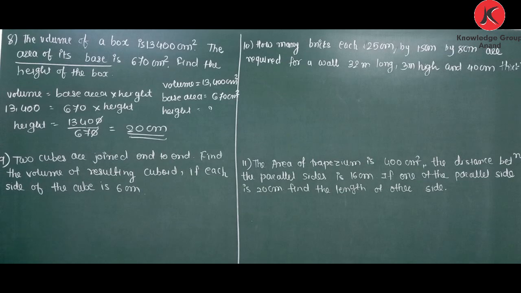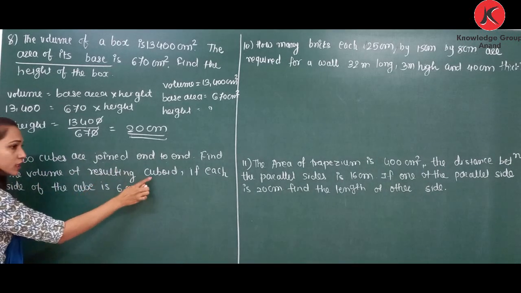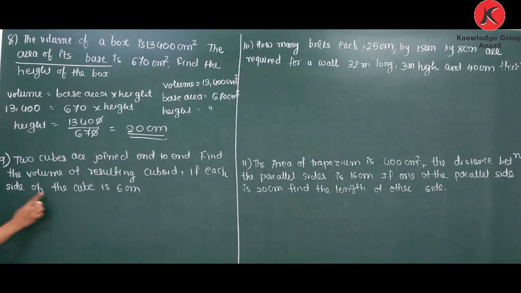Okay. Now next one. Two cubes are joined end to end. Find the volume of the resulting cuboid if each side of the cube is 6 centimeters.